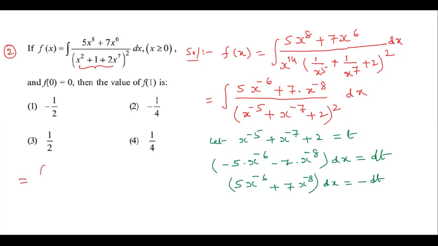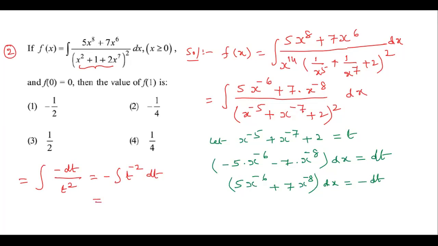Okay, now go to the continuation. That is equal to integration, numerator part is minus dt and denominator part is t square. This minus is sent to the front: minus integration t power minus 2 dt. What is the integration of t power minus 2? t power minus 2 plus 1 by minus 2 plus 1.